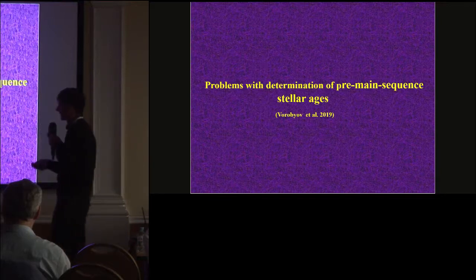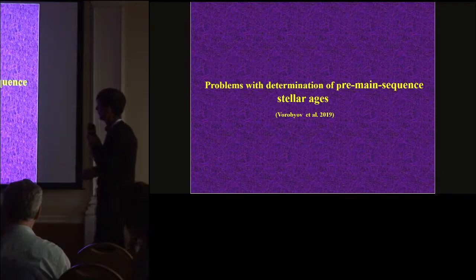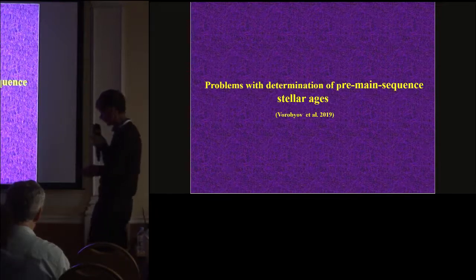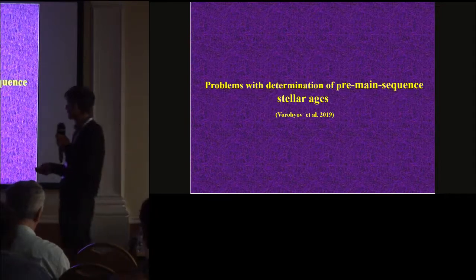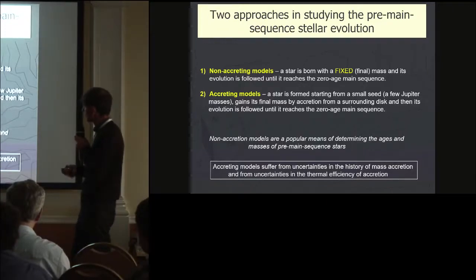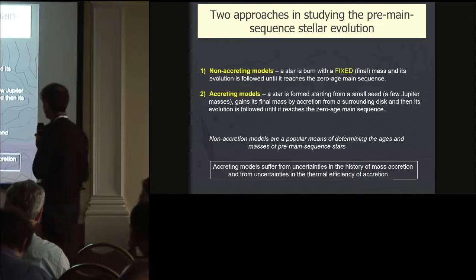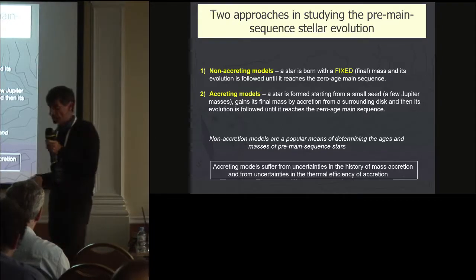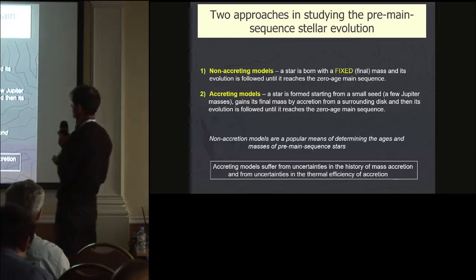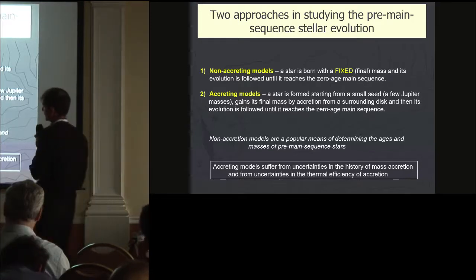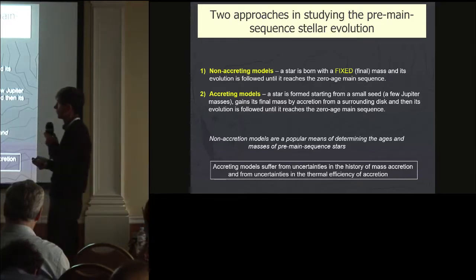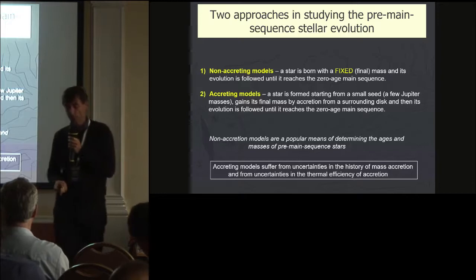That's too bad. But there is a problem with the determination of pre-main sequence ages. When we study the pre-main sequence stars, 2 approaches are usually invoked. The first is what is usually done: people use the so-called non-accretion models.